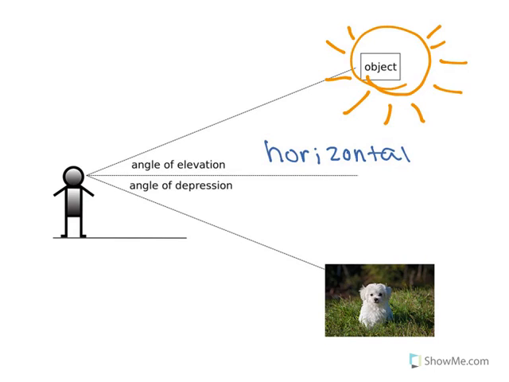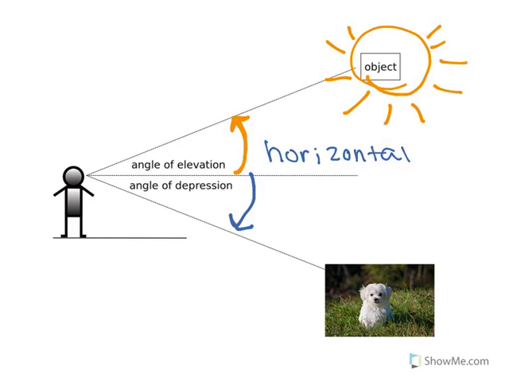Here my dog must be down a hill, so I'm looking down at the dog, which creates an angle of depression, and then looking up at the sun, which is creating an angle of elevation. So an angle of elevation goes from your horizontal and goes up, where an angle of depression starts at a horizontal and goes down.